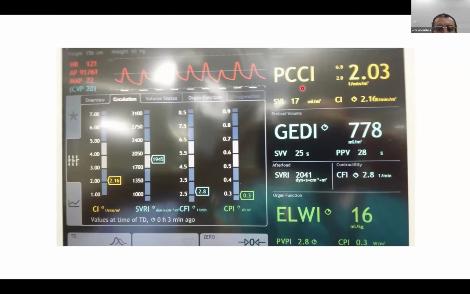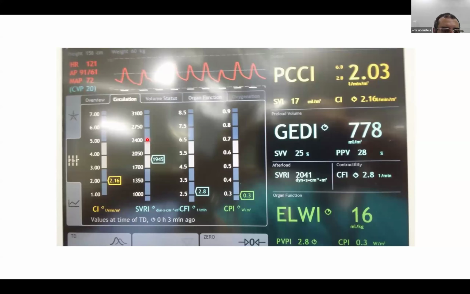So here we should check whether we have a problem in the contractility, or maybe a problem in the volume. We should decide whether to give IV fluid, to give volume, or to increase the inotropic support. What we can notice is that the systemic vascular resistance index is 2000, which is almost normal.